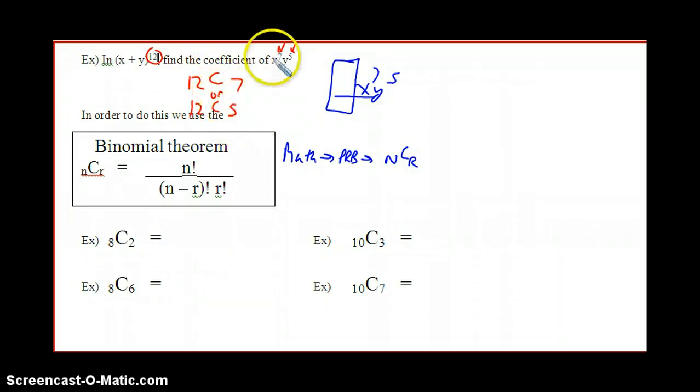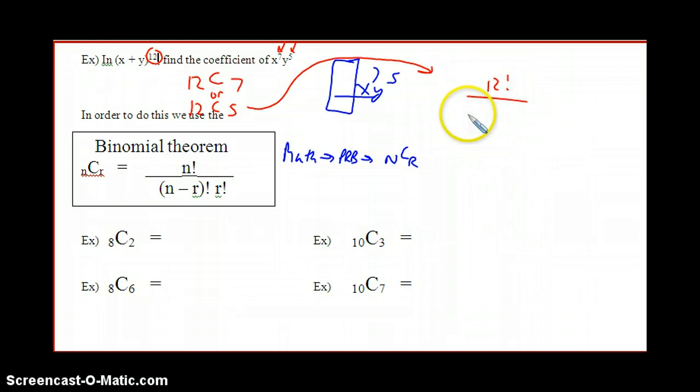So let's take the 12c5 and expand it out using the formula. The formula says n factorial over n minus r factorial times r factorial. Remember, this would be my n, this would be my r. So this would be 12 factorial over 7 factorial times 5 factorial.